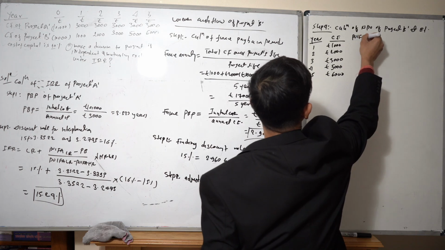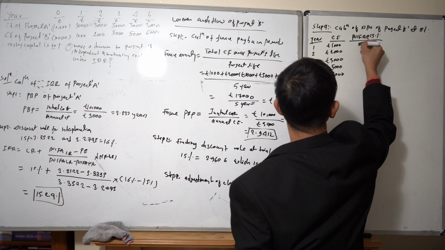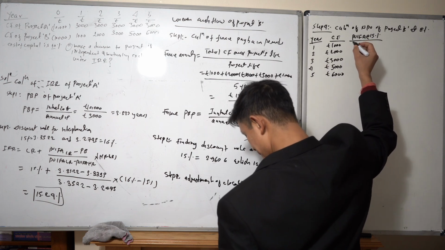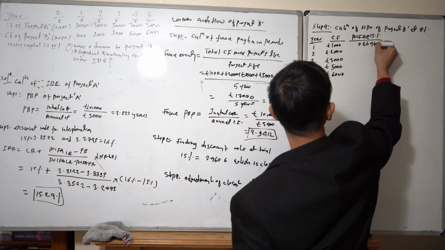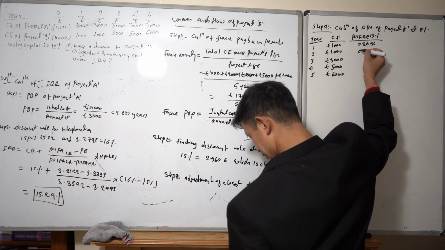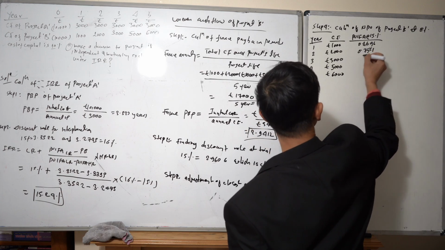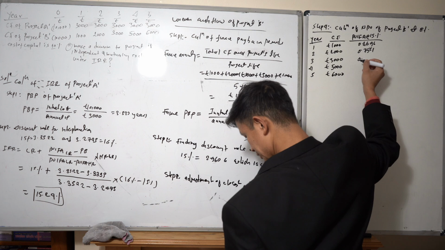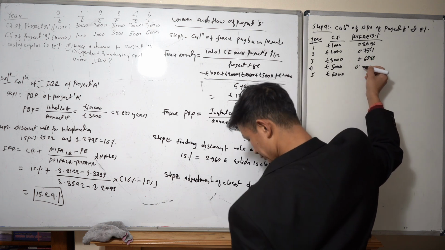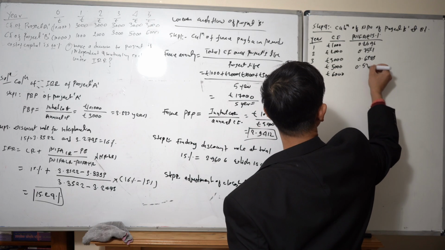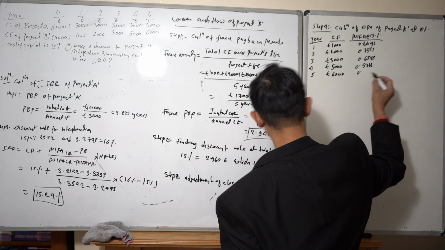Present value interest factor at the rate of 15%. We get the values here: 0.8696, 0.7561, in year 3 we get 0.6575, year 4 we get 0.5718, and in year 5 we get 0.4972.